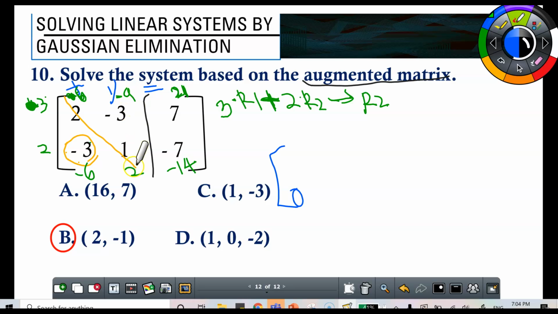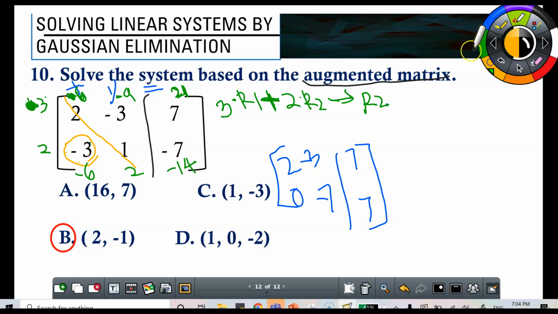Negative 9 plus 2 is negative 7. 21 plus negative 14 is 7. And it didn't ask you to rewrite the first row, so you just copy the old first row, which is 2, negative 3, 7.